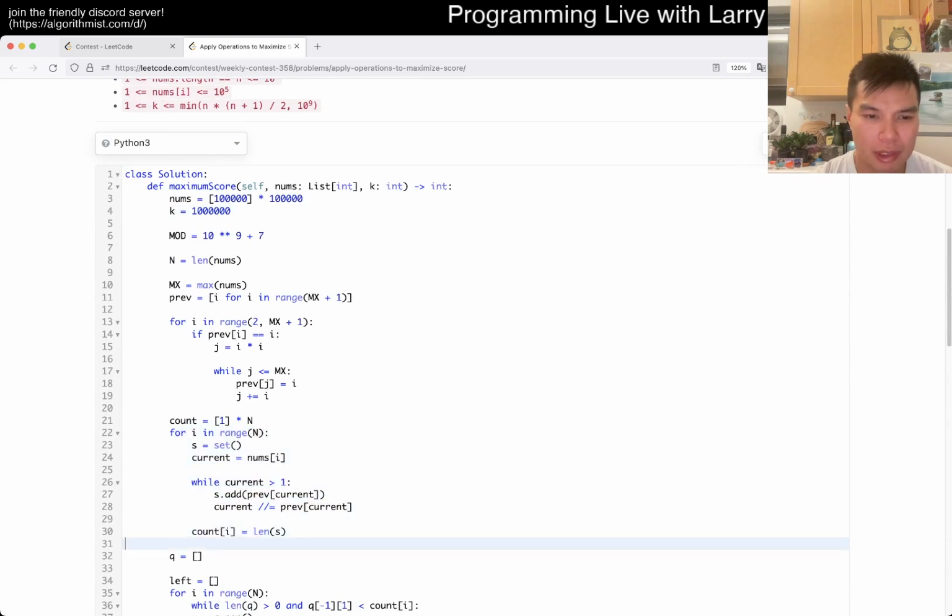This part's always a little weird though. Because this is not the number of unique. Can I write this in such a way that it's not? Oh yeah, I guess so.